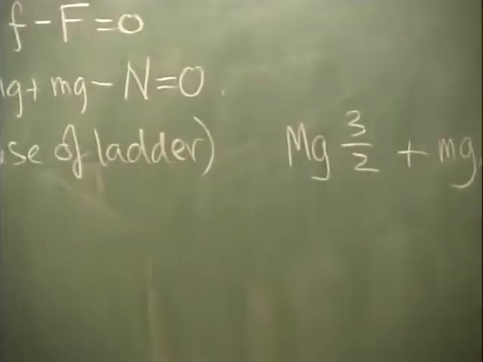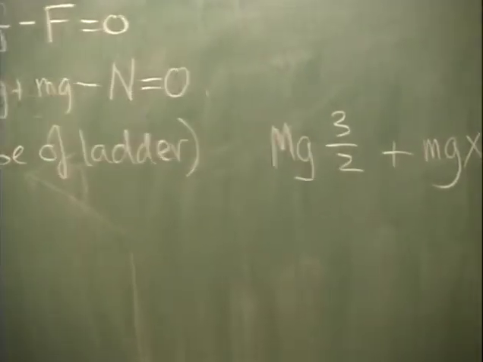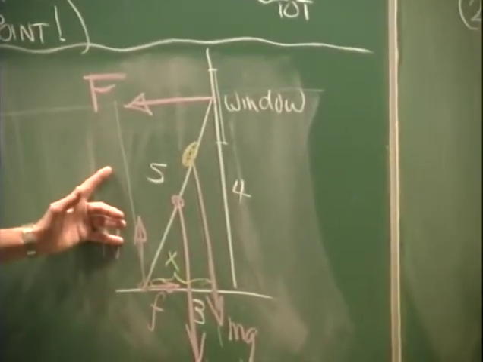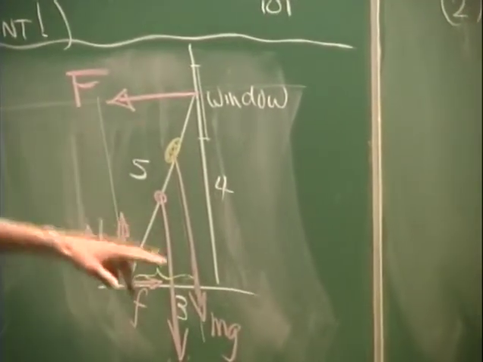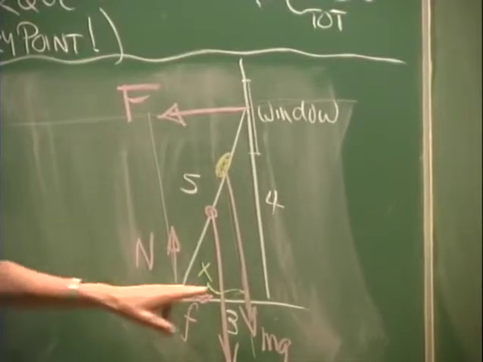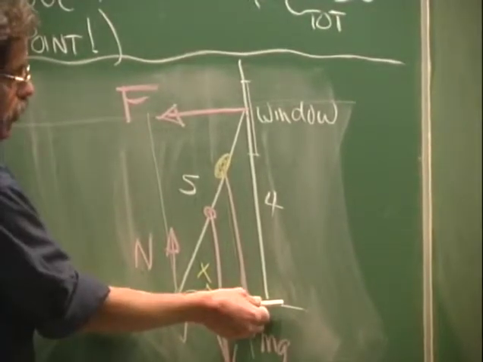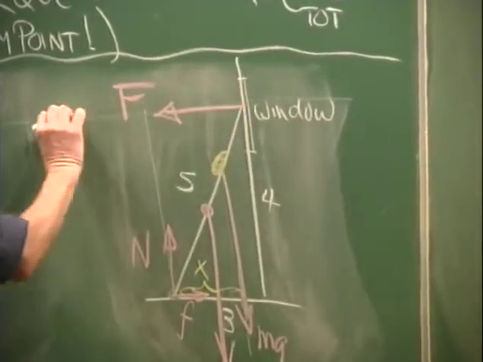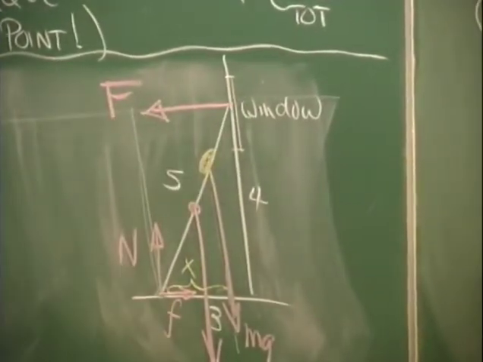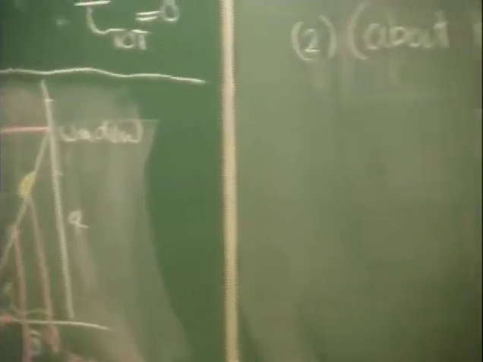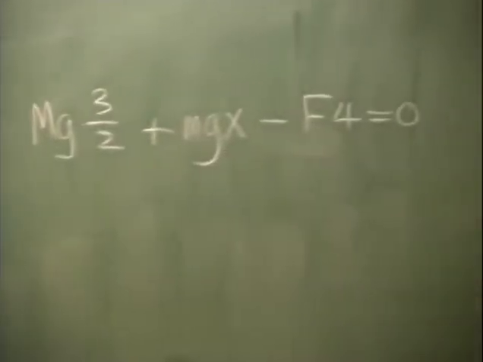Because if the line along which that force acts drops the perpendicular distance, that's actually the height of the window. So it's actually 4 in this problem. You see that? Especially those of you who said it was 3. That was the distance along here, but the line along which the force acts is this horizontal line, and the perpendicular distance is 4. So this is actually F times 4 equals 0.